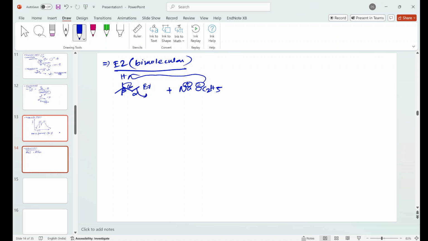So that you will have your product. In this case also you don't have any intermediate, so you have one transition state. The transition state will look like this.